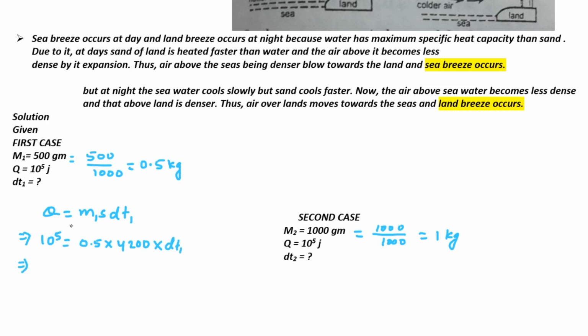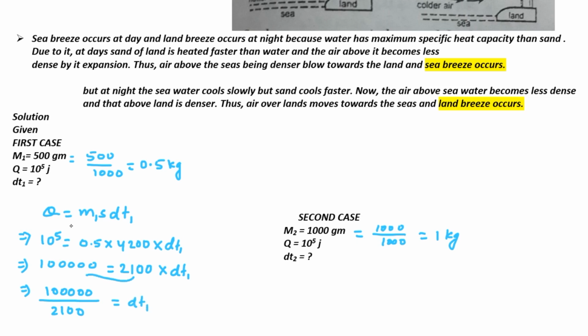So 10 to the power 5 means 1 2 3 4 5 0, and multiply 0.5 into 4200, so it becomes 2100 into dt1. So 100000 divided by 2100 equals dt1.